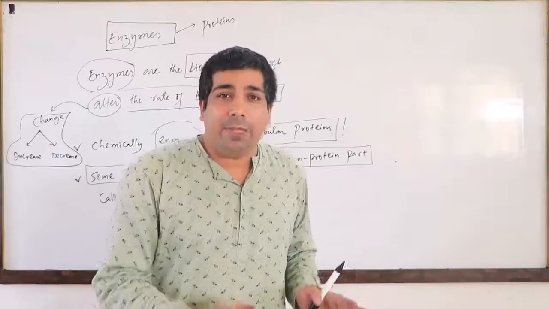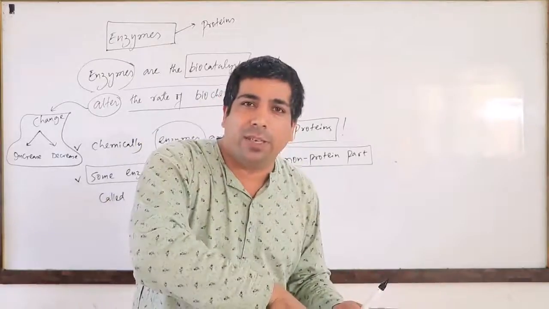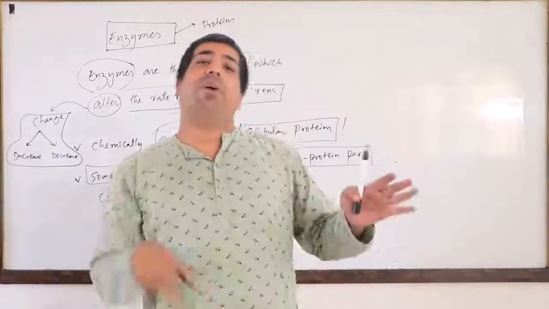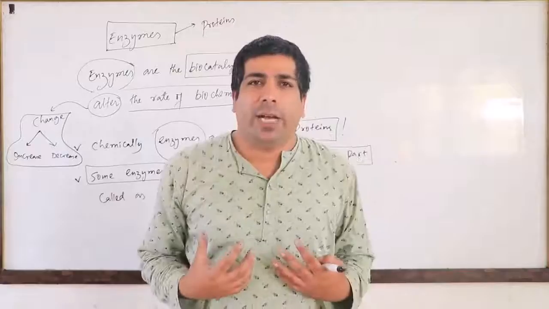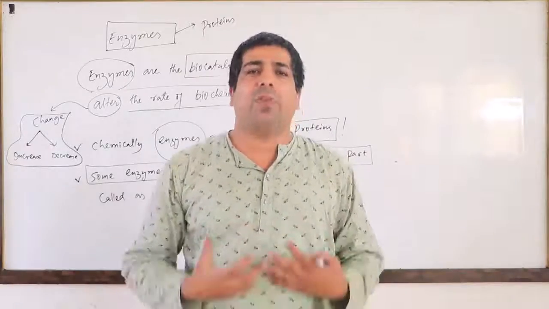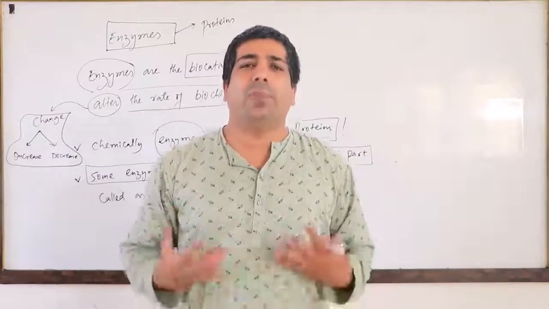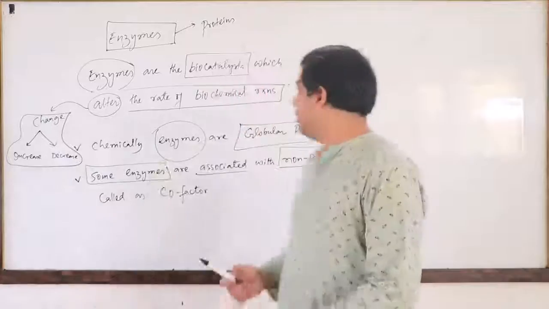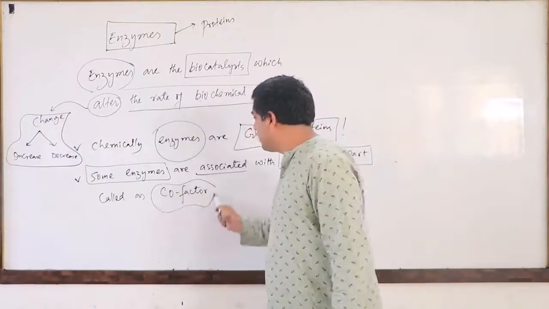But sometimes a protein is associated with a non-protein part, and then it performs its biological activity. Let us suppose I am a protein, I want to be an enzyme. So for being an enzyme to perform my biological activity, sometimes I need a non-protein part. And that non-protein part which I need is known as cofactor.